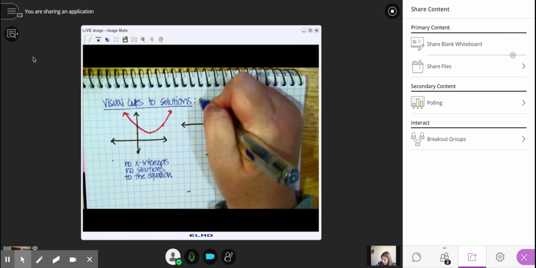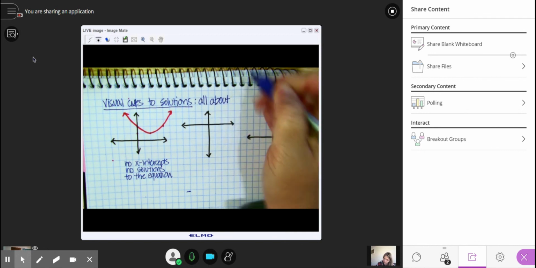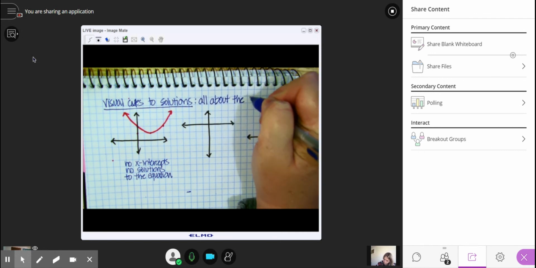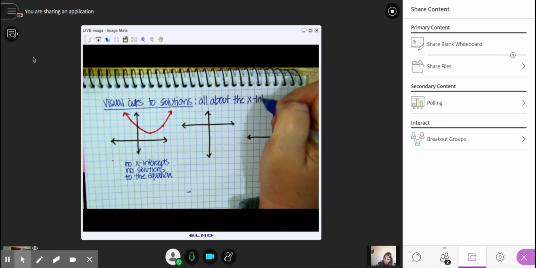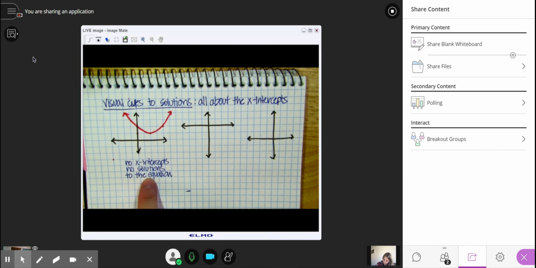The visual cues are all about the x-intercepts. So if there are no x-intercepts, there are no solutions to the equation.